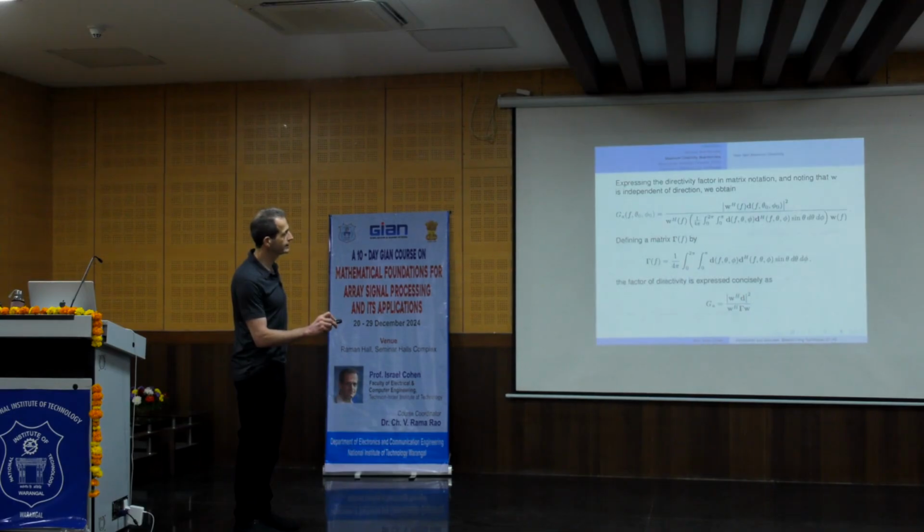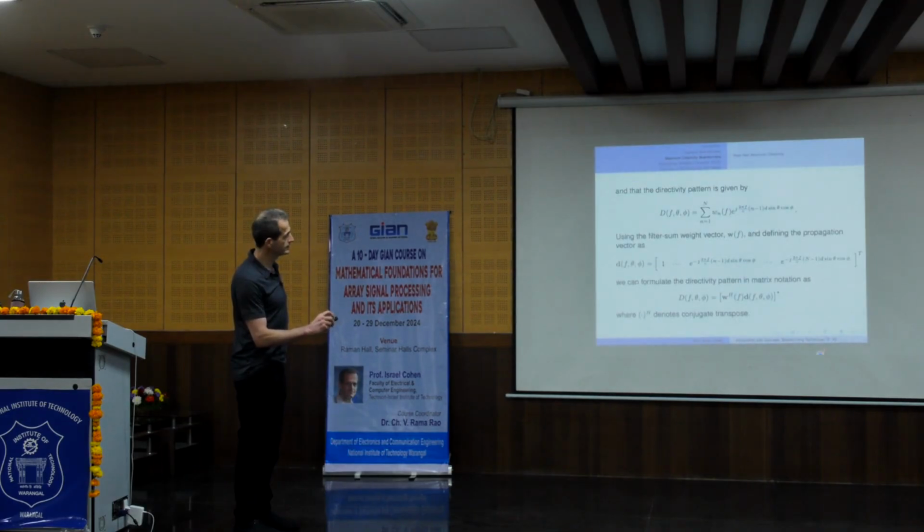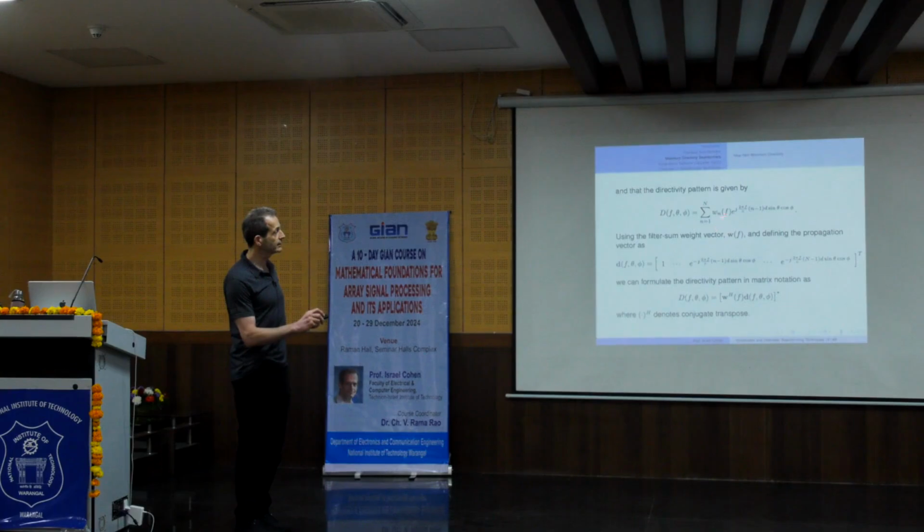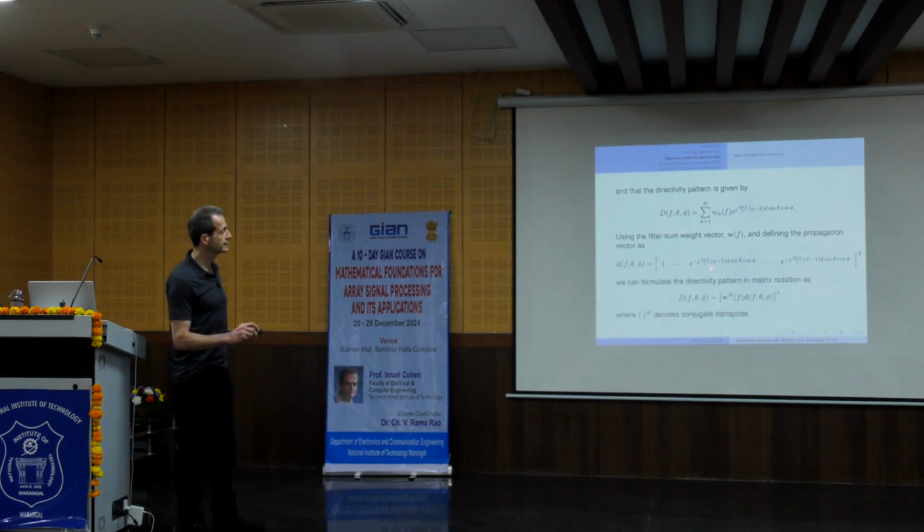If I go back, you see, this vector is called the propagation vector or the steering vector. Actually, what does it contain? It contains the phases that are obtained with each sensor.